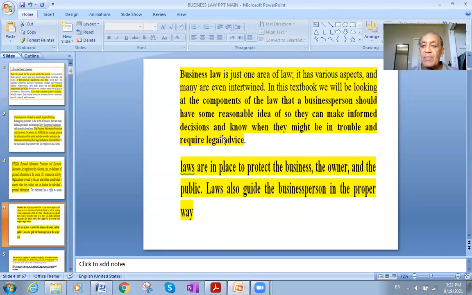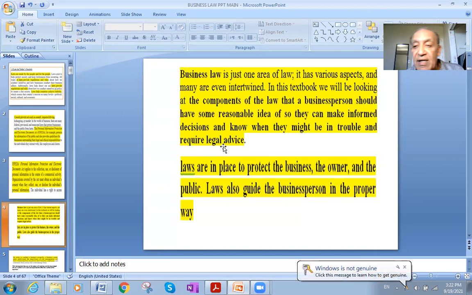We will see the cases, what happened in the courts, and from that we will say, in that case, I know this happened. So if it is repeated with me, the situation will be like this in the courts, or when I might be in trouble and require legal advice.